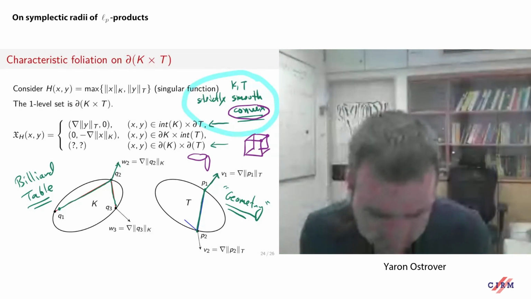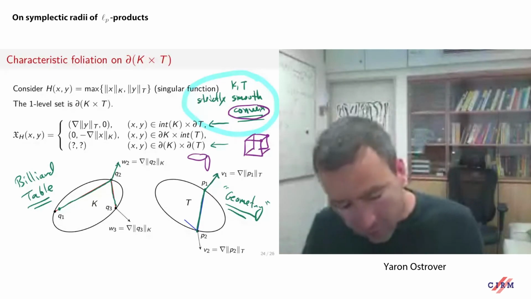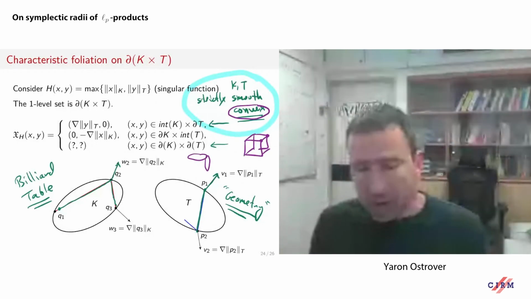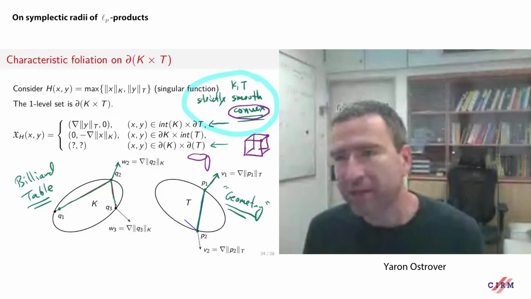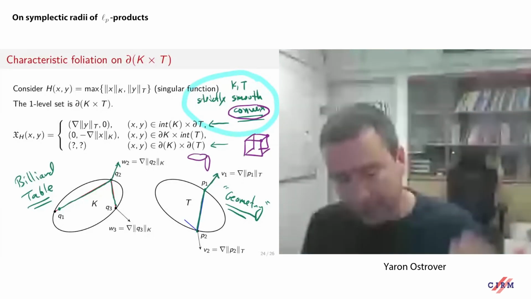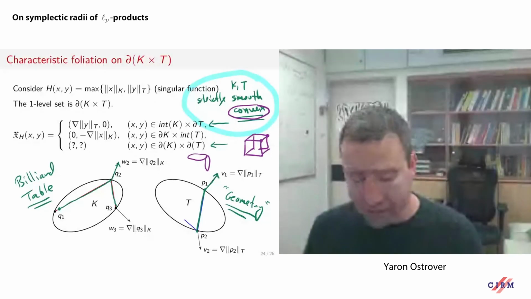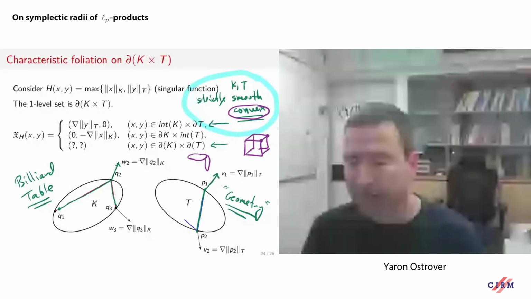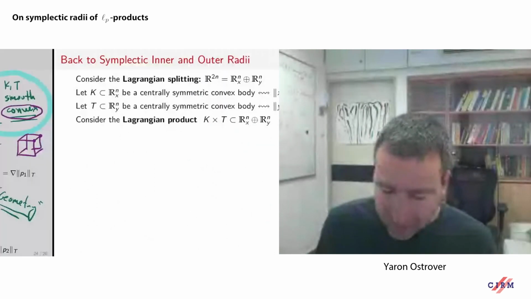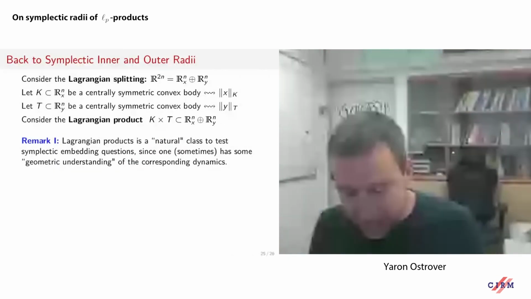And it's still not completely clear, even though we do have some insights into this question, what is the Hamiltonian dynamical interpretation of the two-sum of two convex domains with respect to this Lagrangian splitting. But at least for p equals infinity, this class is very natural.